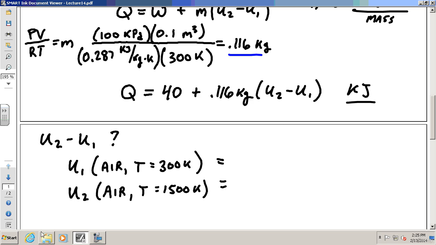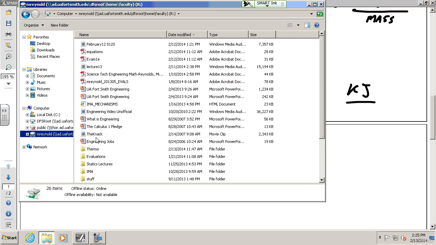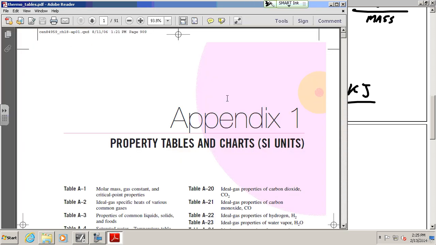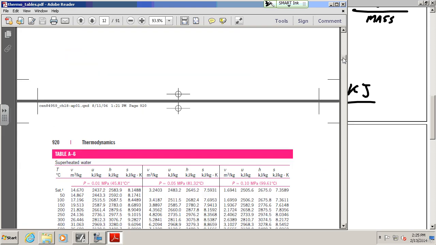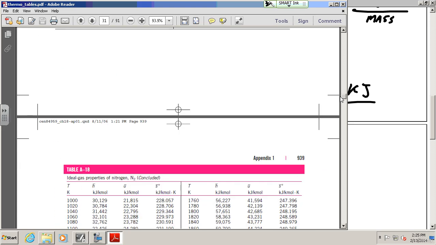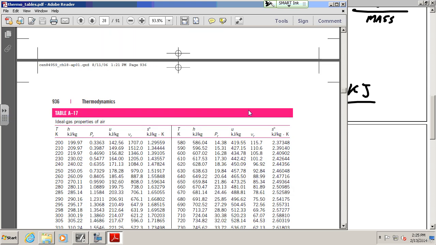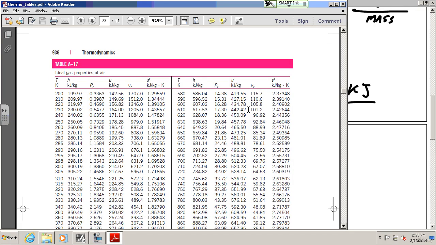So you've got to open up your book, find our handy dandy tables, and scroll along. It's not right away, it's kind of in the middle. Oh, here we go. It's Table A17, the ideal gas properties of air.